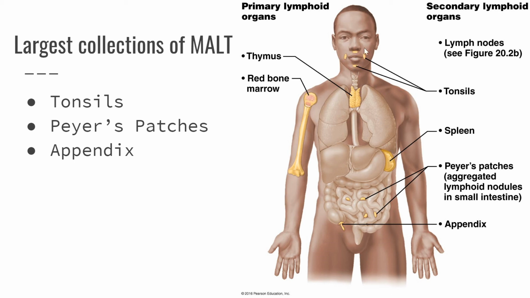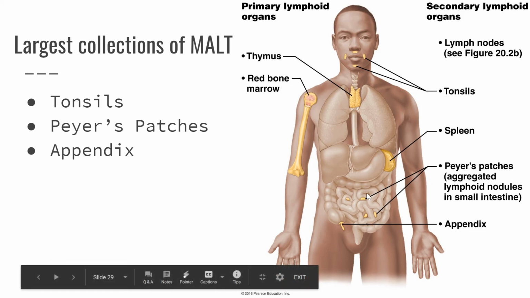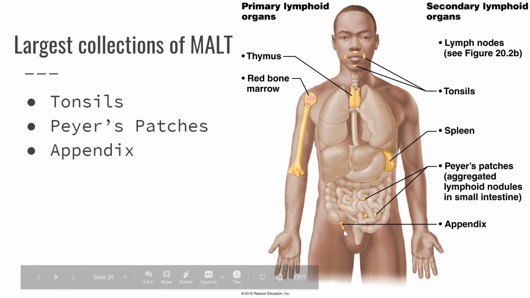If the tonsils don't catch everything and a pathogen does make it down into our intestines, then they'll encounter the Peyer's patches. And then finally, we go through the small intestine, we go through the large intestine, and right here, the appendix. A lot of people consider this a vestigial organ, and it's not, because it actually contains lymphoid tissue.